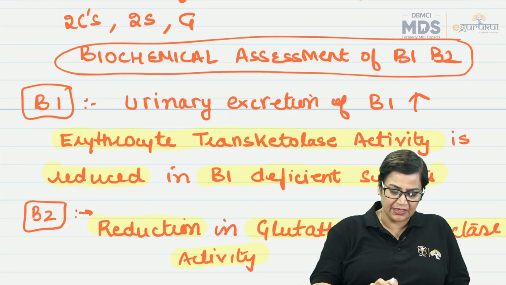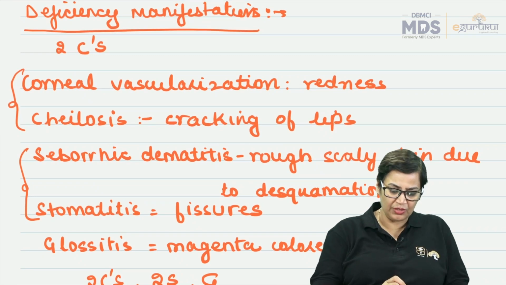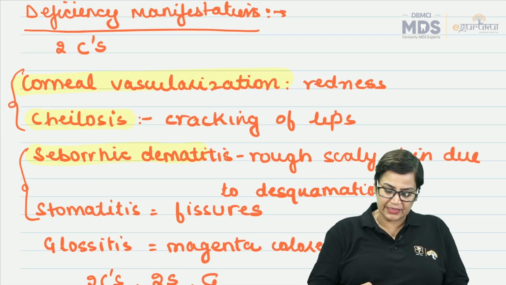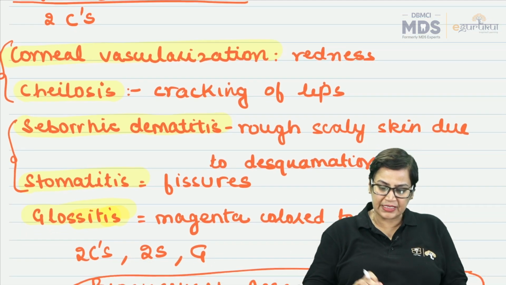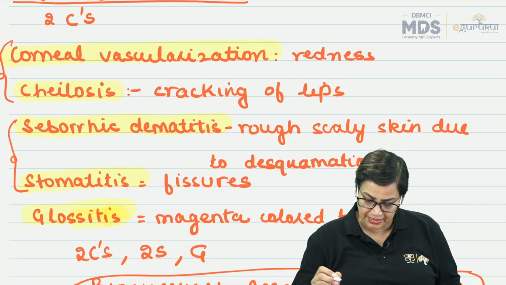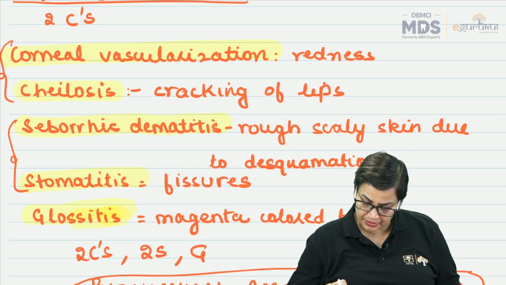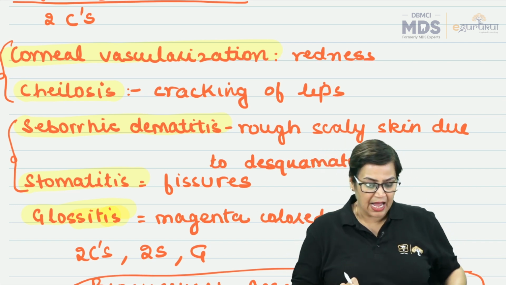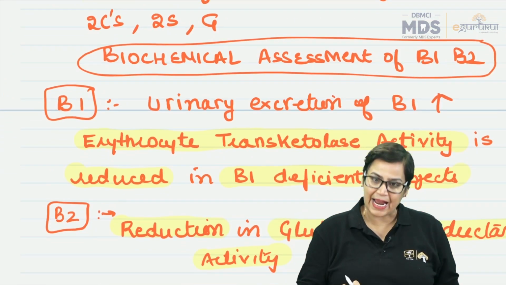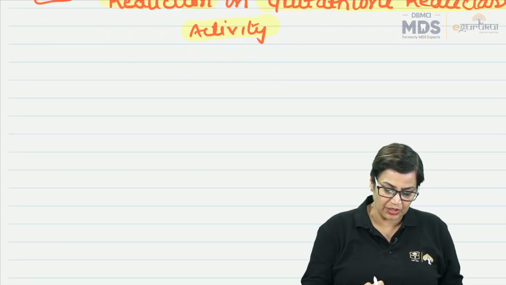And these are the symptoms of B2, 2 C's, 2 S, and 1 G. Right? So this is about B1. Let me see if there is any other mnemonic related to B1 or B2. That's it. Clear?